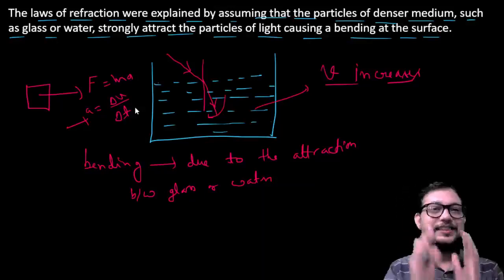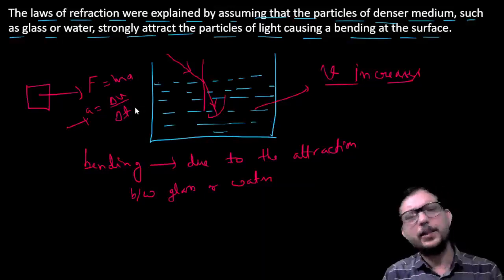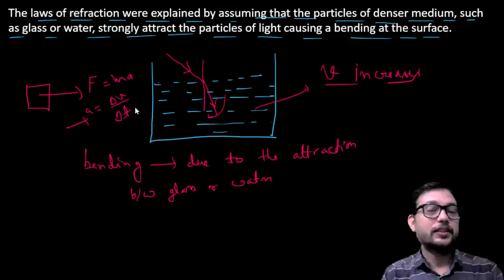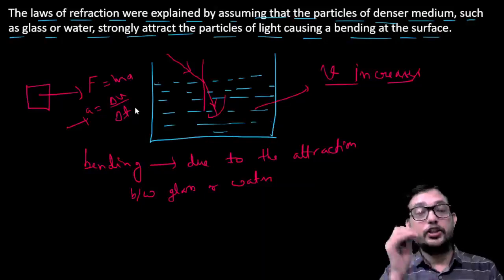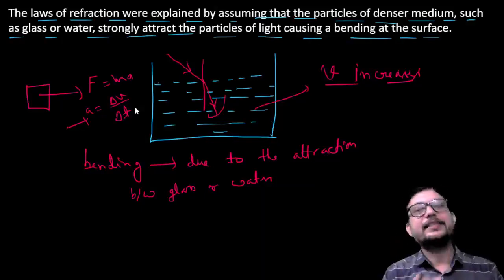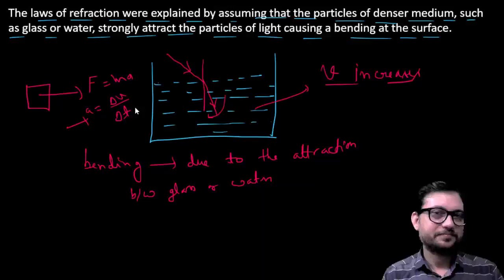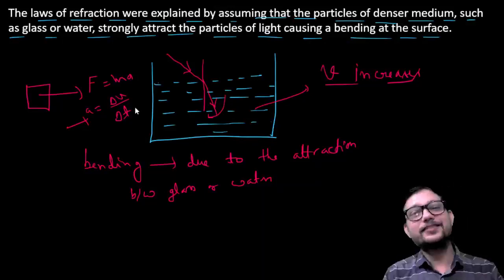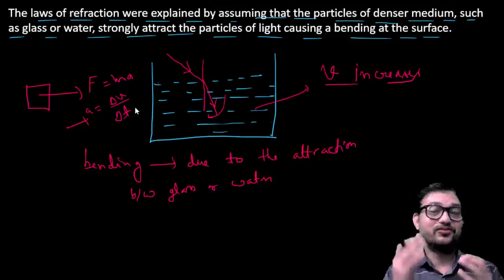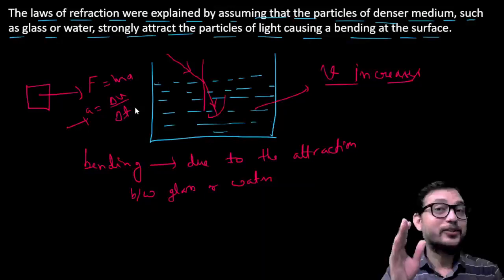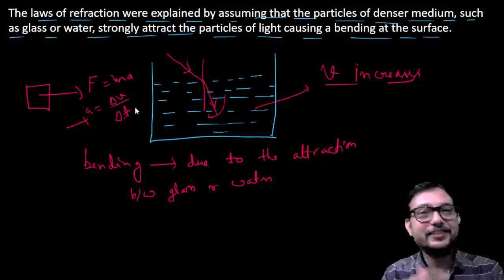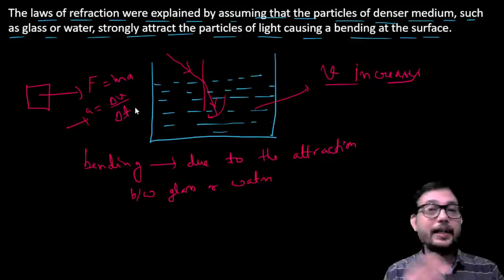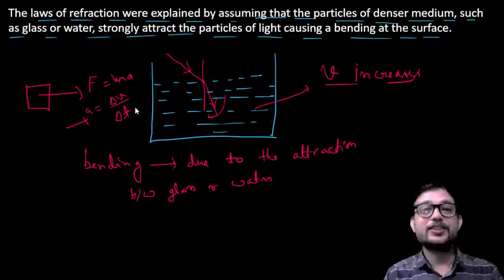So these are some basic points on which Newton strongly believed that light is made of particles. What are those points? Once again, number 1, light travels in a straight line. Number 2, light casts a shadow. Number 3, it bends towards the normal when it changes its medium, and the reason for that bending is the strongest force.